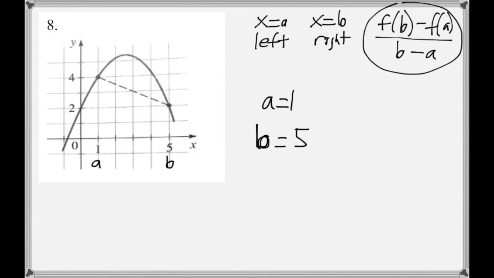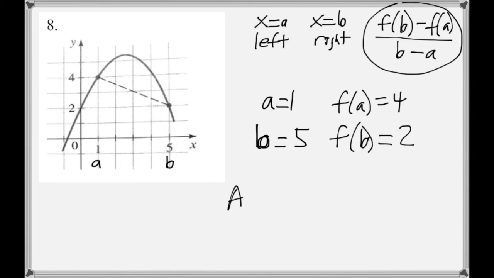Now to get f of a, that is just the function value at 1, or what is the y value at that point, which is 4. So f of a is equal to 4. F of b, if I go up to here, the y value there is 2. So these are my values.